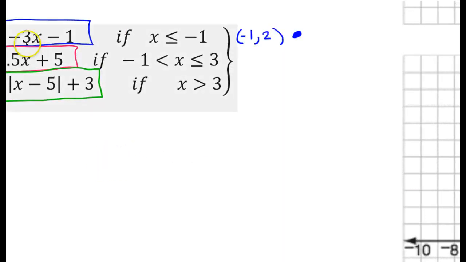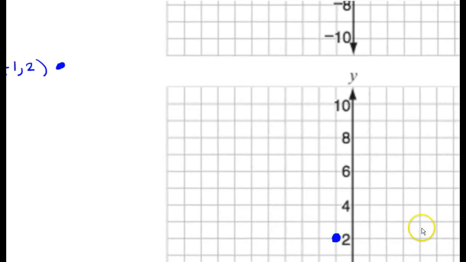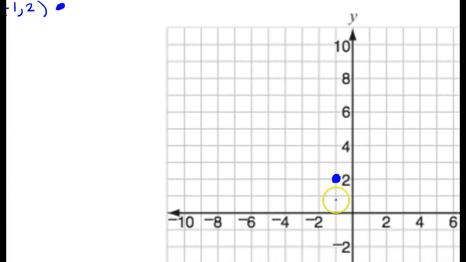Okay, this is linear, and I want to go to the left because I want the x values to be less than or equal to -1. Okay, so when it's not linear, I usually will make a table of values, but I don't need to do a table of values when it's a straight line because I know that this -3 is the slope, like rise over run. So if I were going to the right, I would go down 3 over 1, like this.